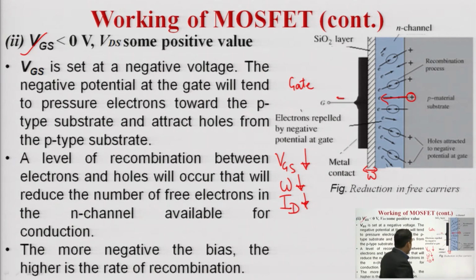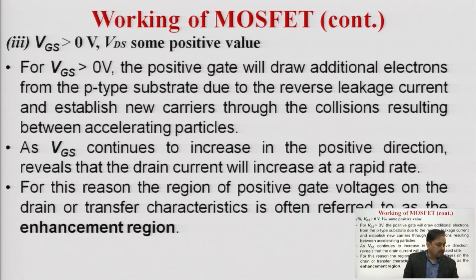That is called the pinch off point, meaning when VGS equals Vp, then ID will become equal to 0, because the channel will be depleted, as there will be recombination of electrons and holes in this particular region, due to which the effective width becomes 0. So we can say that when we increase VGS in the reverse bias direction, the current decreases. That is called the depletion mode.